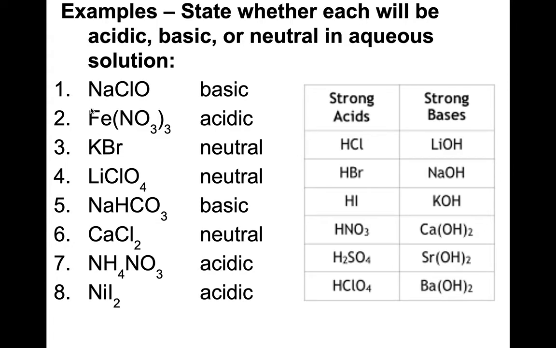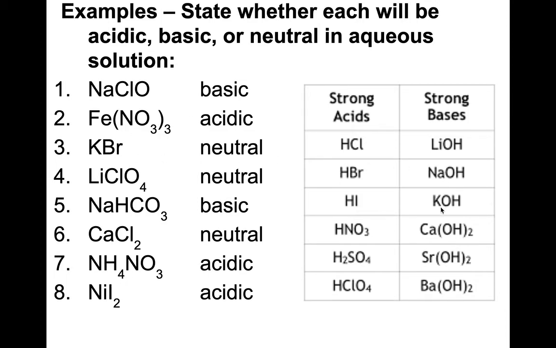Either way, both of those conditions would mean that it has an acidic effect. It's going to decrease pH because it's a metal ion. And we see NO3 here is the conjugate base of a strong acid, so it will have no effect. So overall, we've got acidic, no effect. Our overall solution is acidic.